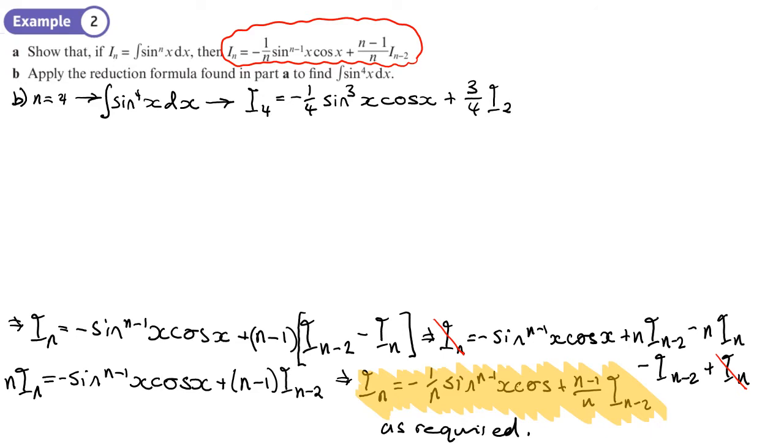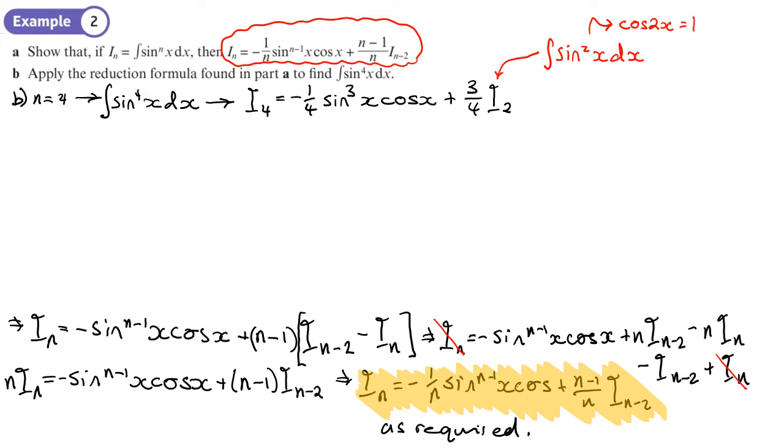Okay, now we've got a choice here. Since I sub 2 is going to be integrating sine squared x, that's something that's easy enough to integrate because we can replace sine squared using a double angle for cos 2x.